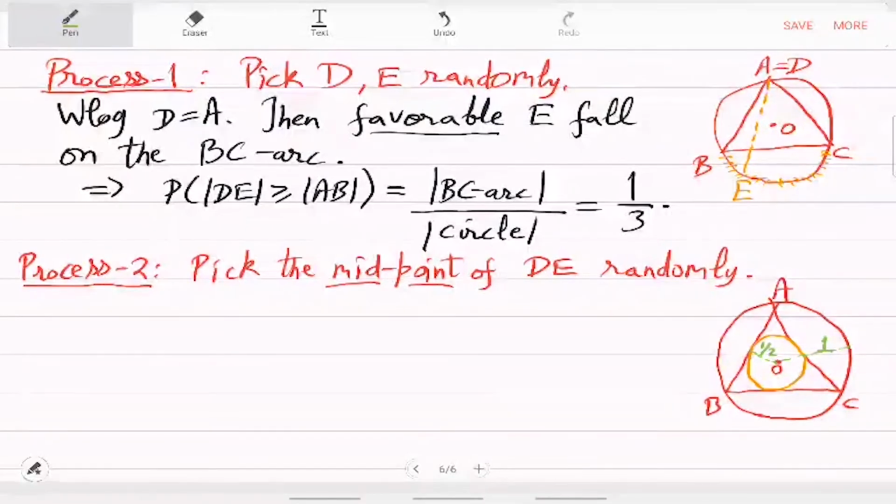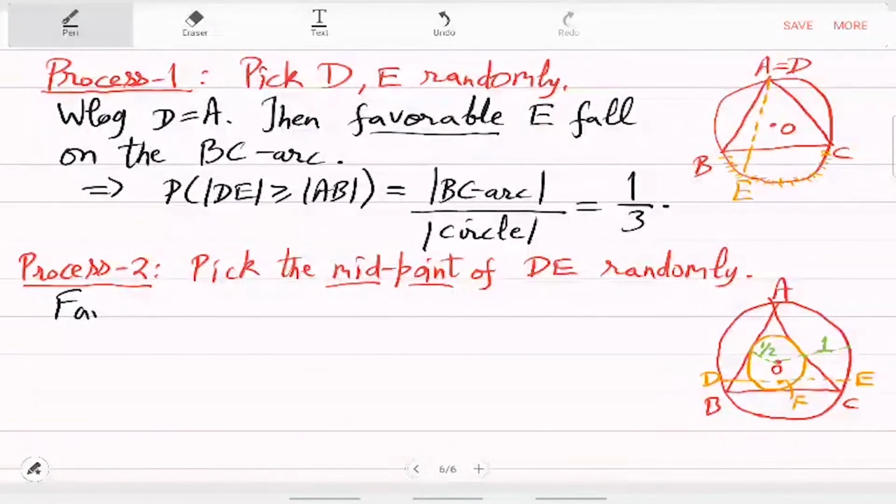So, the inscribed circle is radius half, circumscribed is 1. So, if you pick a point here, for example, this point, so then you draw the chord, that is your DE. Okay, and let us call this point F. So, by first picking a random point F and then picking that chord whose midpoint F is, the chord will be longer than AB if and only if F falls in this inscribed circle.